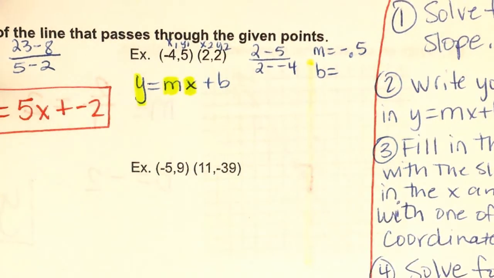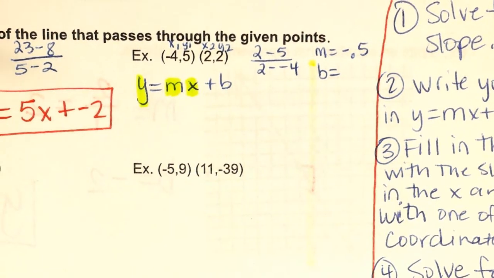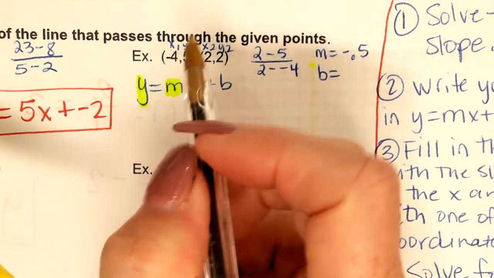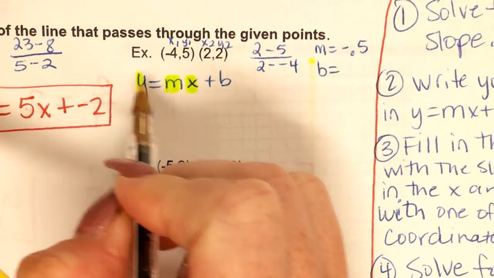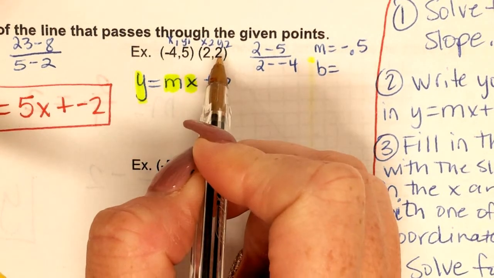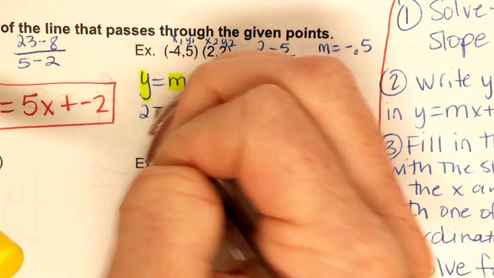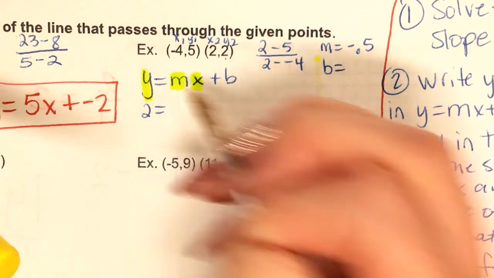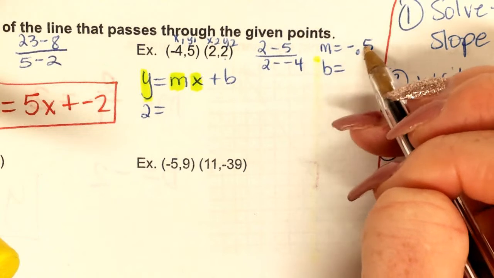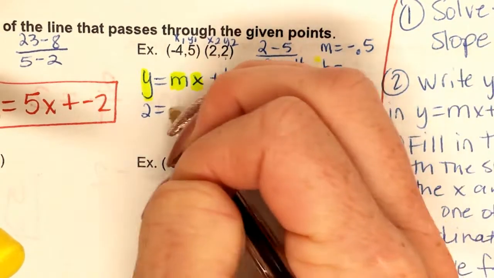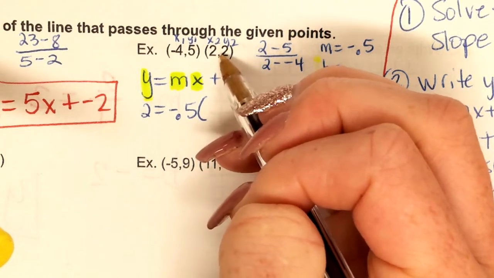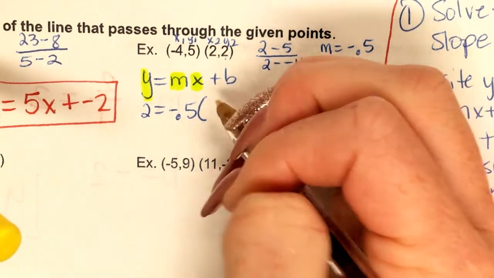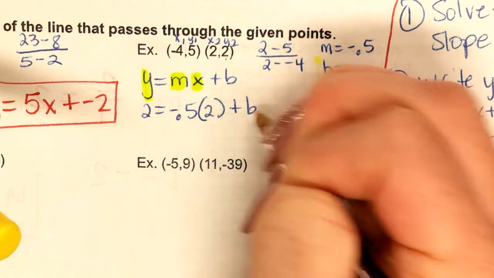I personally would choose the one with all the positives. Will I get the same answer no matter what? Yes, I will. I'm going to use this one. Are y'all good? So instead of writing y equals, what's the y value? 2 equals. Instead of writing m, I solved for m, and it is negative 0.5 times, what is the x value of the coordinate that I chose? 2 plus b.